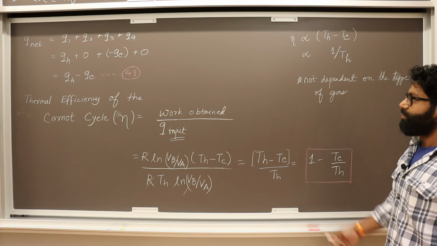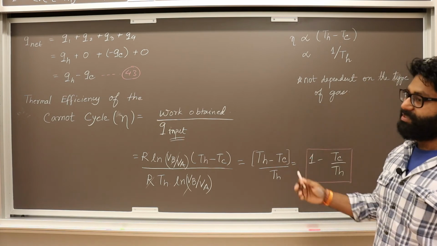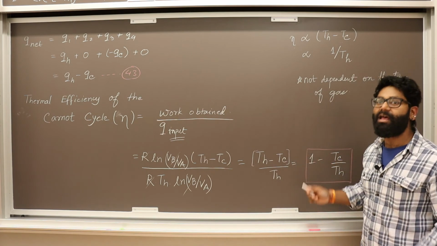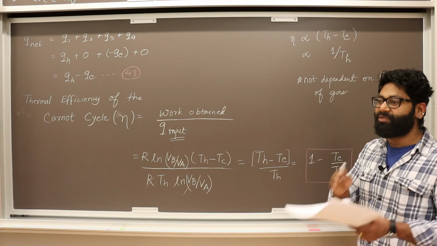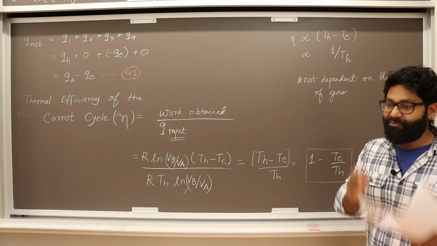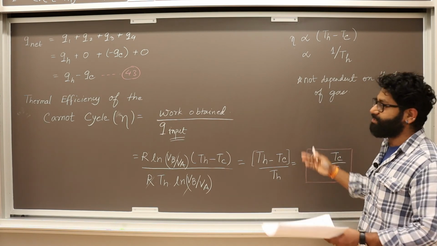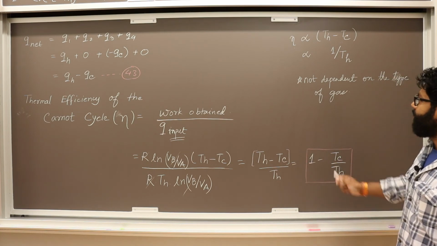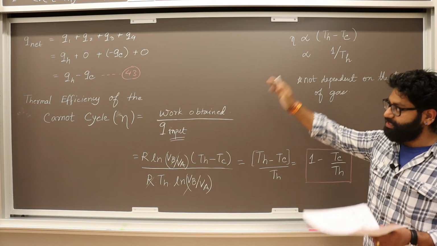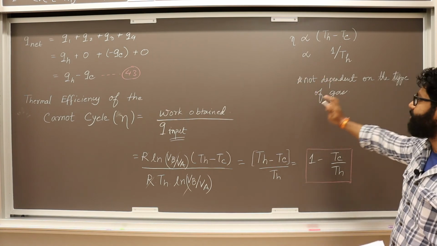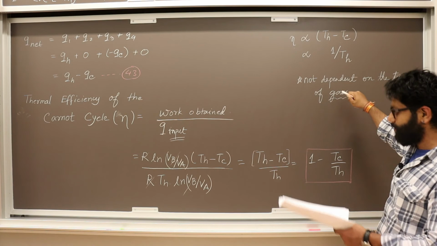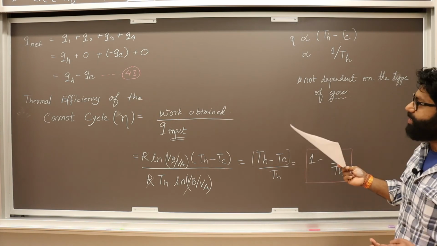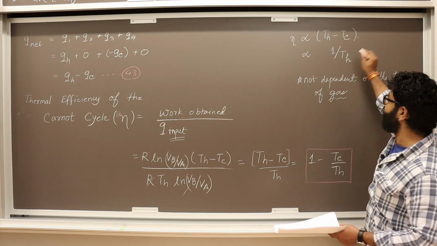Since CV is representative of a particular material, if you had a CV term in here, we would think that different materials affect the efficiency, which is not the case. There is no CV term in the final thermal efficiency. Therefore, the thermal efficiency of the Carnot cycle does not depend on the type of gas. So the only way to increase the efficiency is to manipulate these two things.